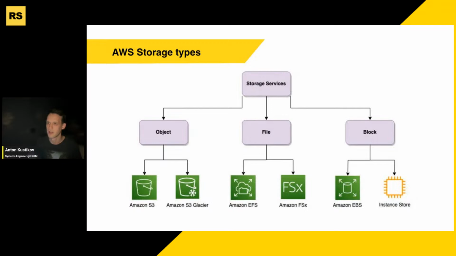Glacier is a cool thing because let's imagine you are working with the production environment, and you have a database which you are not using anymore. For example, you migrated from MySQL to Postgres and you don't need the MySQL database anymore. But for specific reasons, maybe regulation, or maybe sensitive data is located in there, you need to store this data, and it may be necessary to get access to it in a few years.